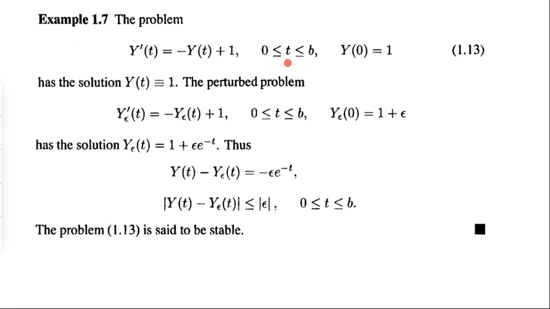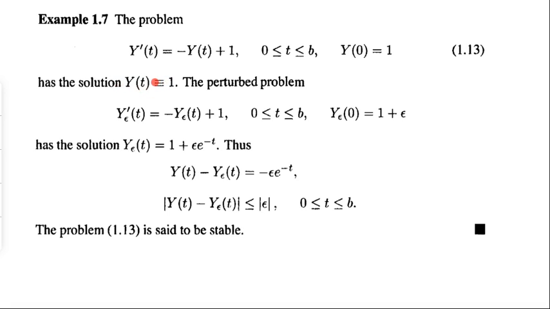Here, our domain for the independent variable t will be 0 to b, subject to the initial condition y at 0 equals 1. This is our main problem. This problem you can see easily has the solution y of t equals 1.